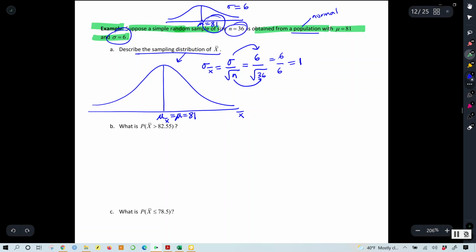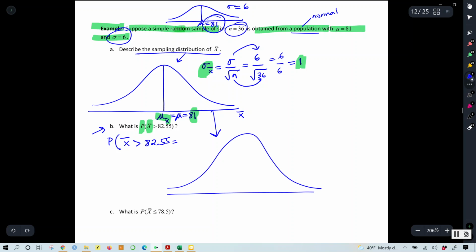With these parameters that define the sampling distribution of x bar, we are ready to compute probabilities connected with x bar. So for example, in question B, the probability that x bar is greater than 82.55 using its normal distribution.